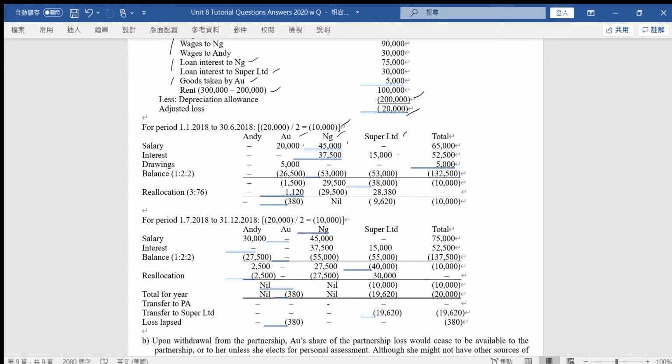Then we identify the amount being allocated to this period of time, which comes from here. That's how we can work out the figures, and then we need to adjust this balance figure.